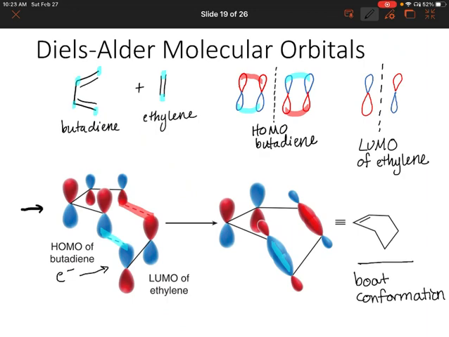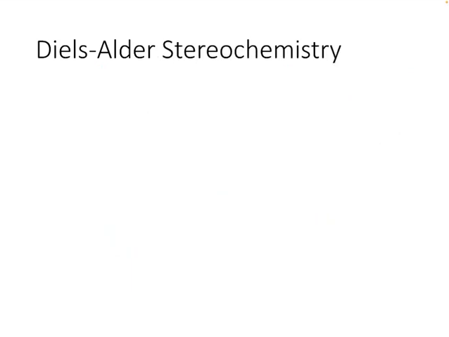Now, this very specific interaction between the HOMO of butadiene and the LUMO of ethylene is going to dictate the stereochemistry of our products. So let's look at an example of that. Let's go back to the first example I gave you, where we had our s-cis diene and our alkene with cyanide groups attached.